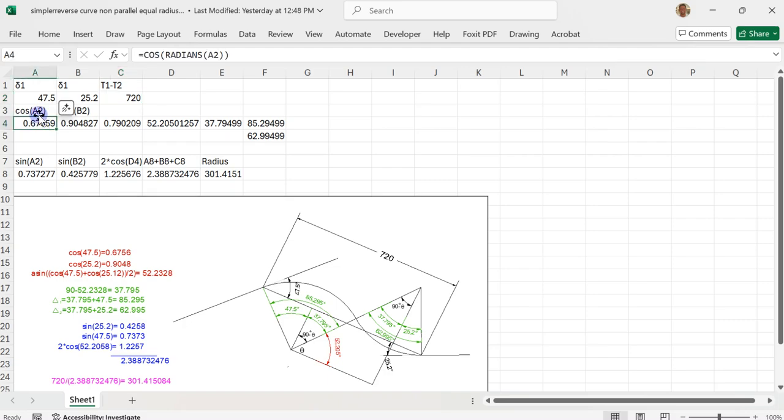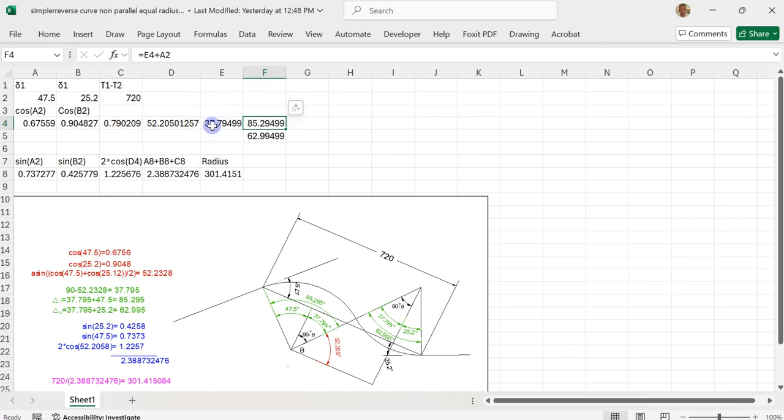This is how you get the cosine of A2, that one there, as you type cosine radians. Same thing here, cosine radians would be 2. And then here's just adding those 2 up and dividing it by 2. And that's how you calculate the degree. The arc sine of that will give you this 52. And then there's your complementary angle.